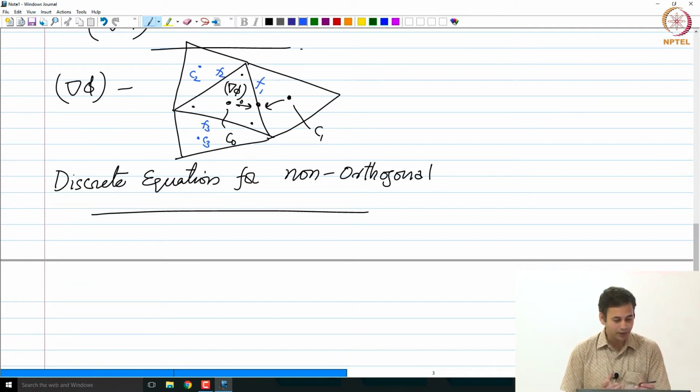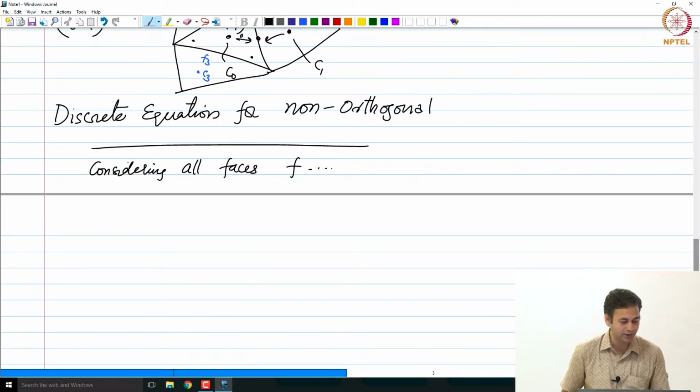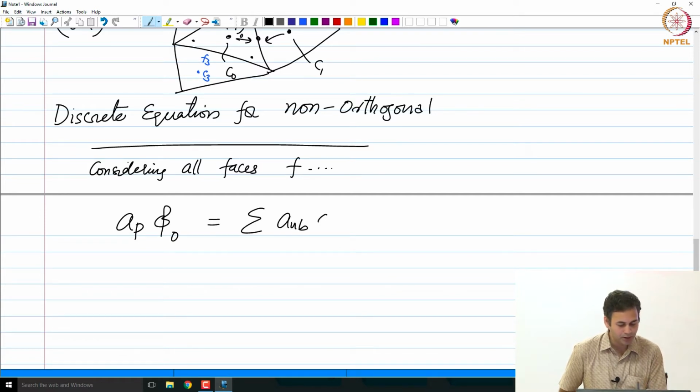Then we write similar equations for each of the faces and assemble them. So, considering all faces f for the cell and then assembling them, we would write the discrete equation for the cell C0, and we would like to put it in the standard form, that is a_P phi_P equals sigma a_nb phi_nb plus b, where the a_nb are the coefficients for the neighboring cell values.